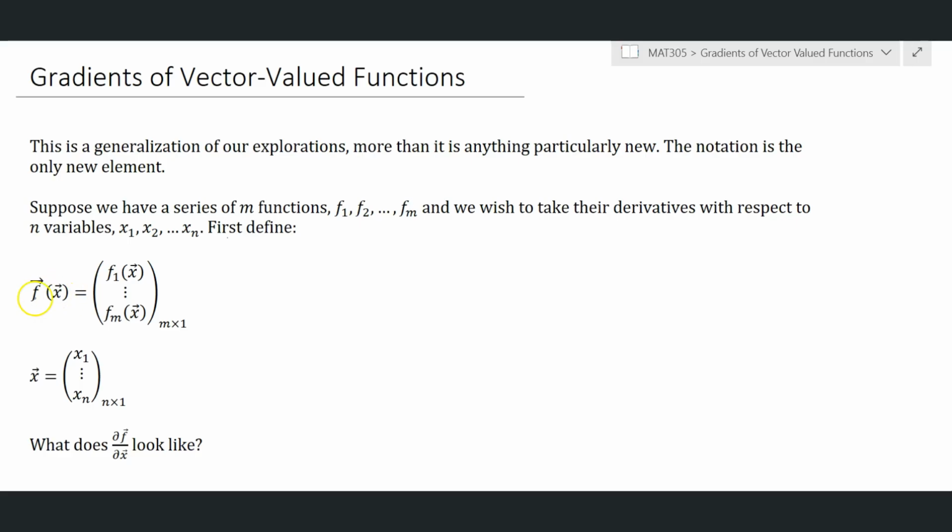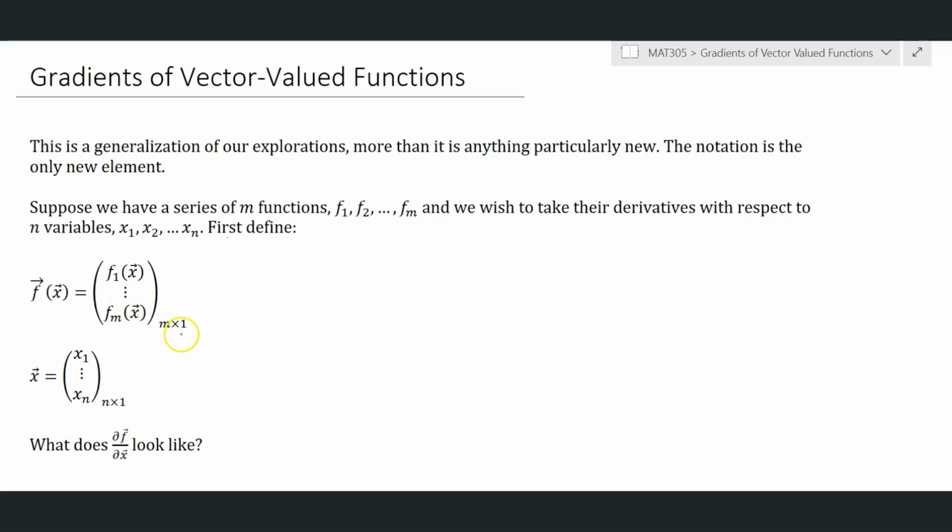One way to lay that out is to list each function going down the rows. So f1 will be the first function in this vector, and then f2, and then all the way down to fm.